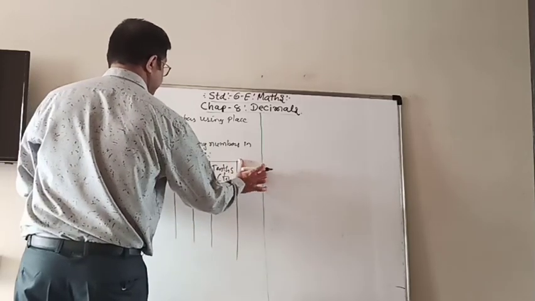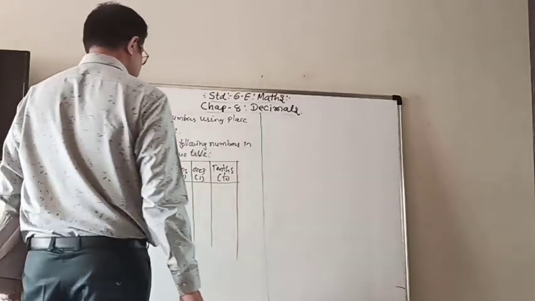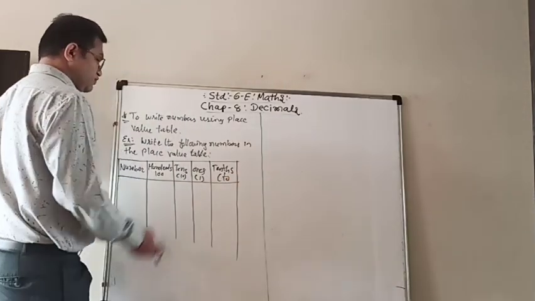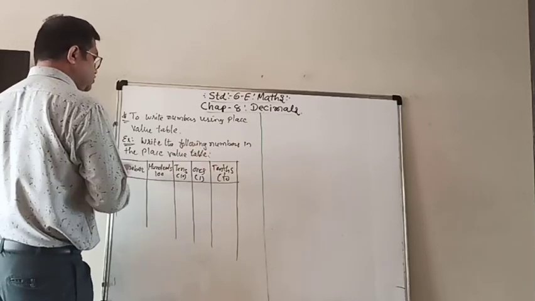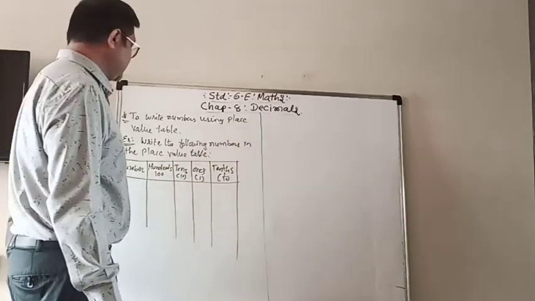So we will take different numbers and write them according to the place value table.